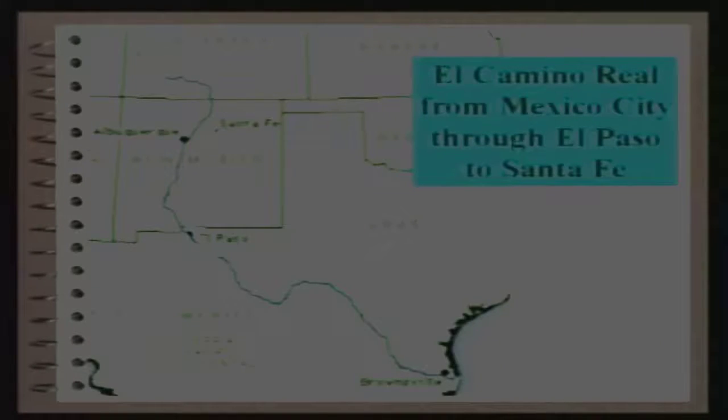Oñate's trek ended the final portion of El Camino Real, the royal road that went from Mexico City all the way to Santa Fe. At 1,600 miles in length, for over 2 centuries, it was the longest highway in North America. In 1659, El Paso del Norte was built around the mission Nuestra Señora de Guadalupe.